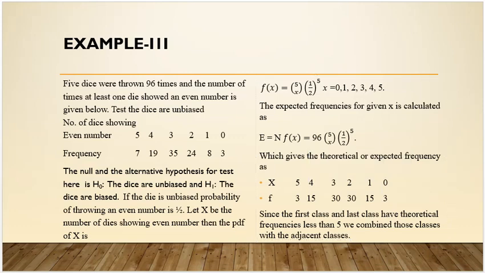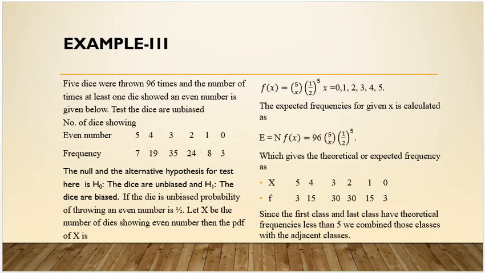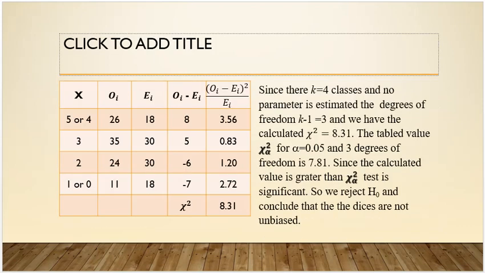The new table has 5 over 4 with observed frequency 26, and the theoretical frequency here is 3 and in the next class it is 15. If you add these two, you get 18 as the new frequency. So the observed frequencies are 26, 35, 24 and 11, and the corresponding specified frequencies are 18, 30, 30 and 8.